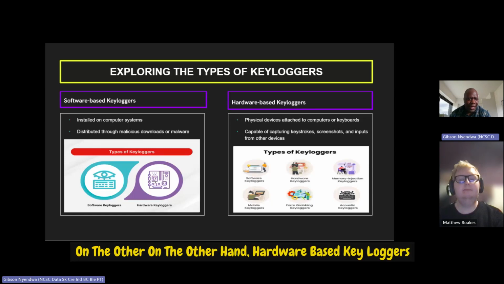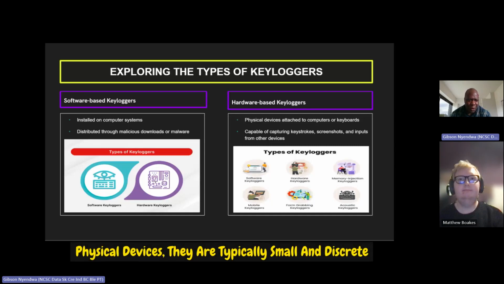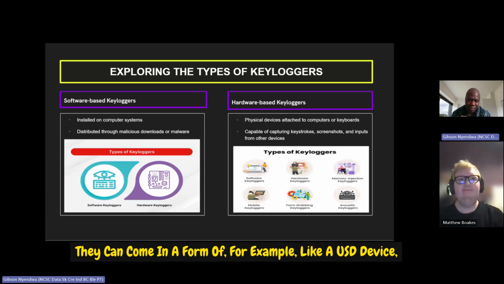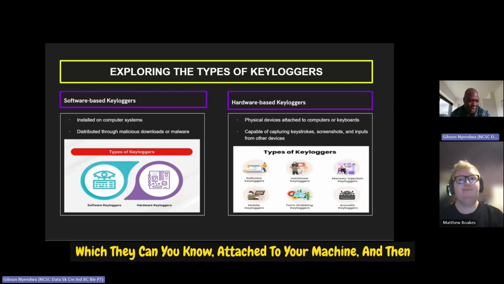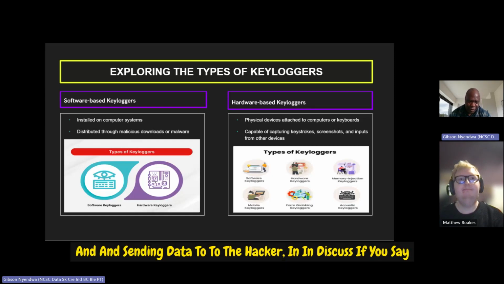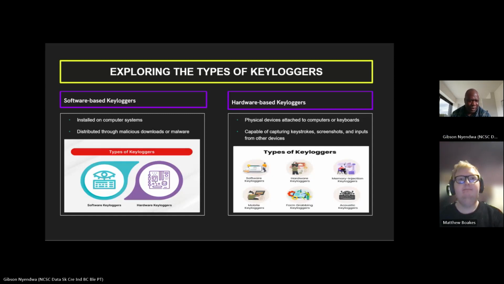Hardware-based keyloggers, on the other hand, are physical devices. They are typically small and discreet, attached directly to a computer. They can come in the form of, for example, a USB device, which they can attach to your machine, and then it will be logging, recording and sending data to the hacker, in this case if it's a hacker who is trying to see what you are doing on the machine.